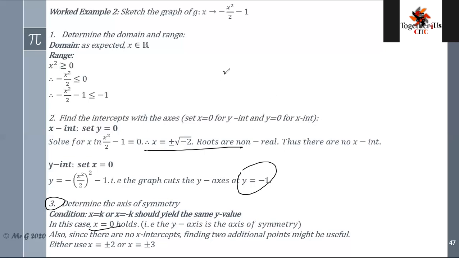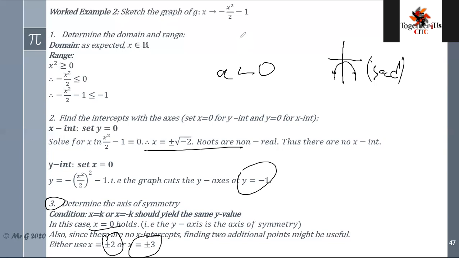By the way, what are we having in this case? a negative. We are having a cap, or we are sad. So we may want two points that will lie somewhere there, since the graph does not cut the x-axis. So we're going to have roughly a graph like that. You may use either x equals plus 2 and minus 2, or x equals plus 3 and minus 3. I have used both.